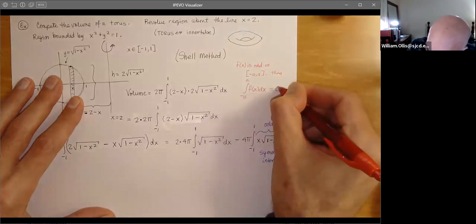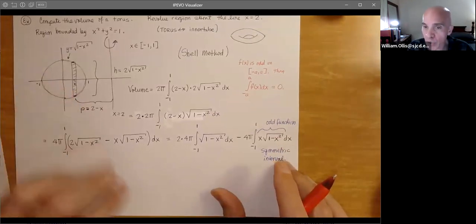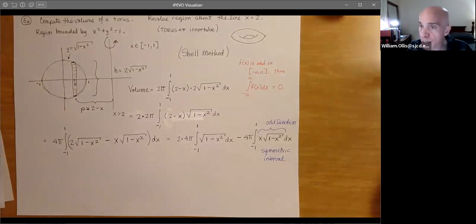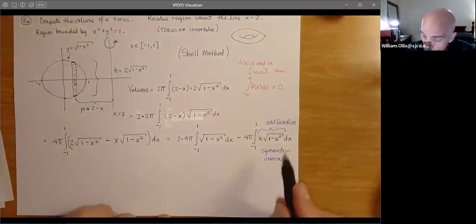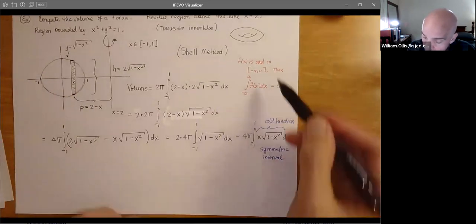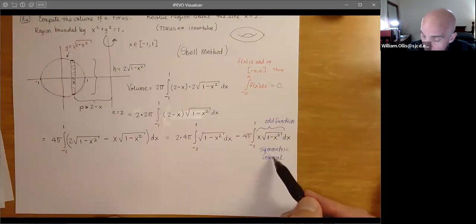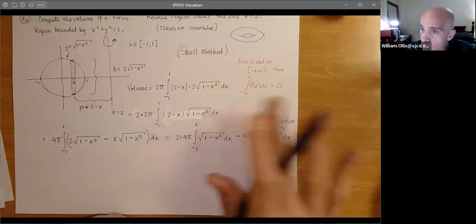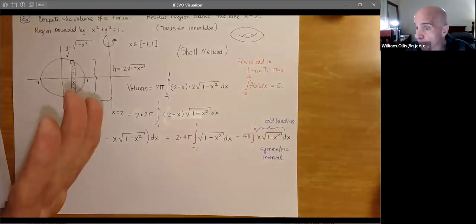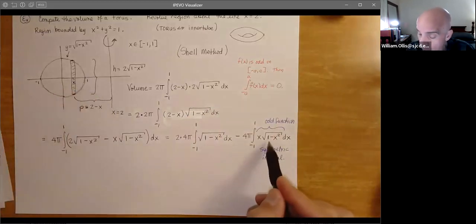When you integrate an odd function on a symmetric interval, it already has origin symmetry, and it zeroes out. And so when I look at the theorem here, we have the same thing. We have an odd function integrated on a symmetric interval, 0. So that one's done using a theorem without having to do the calculus 1 substitution.